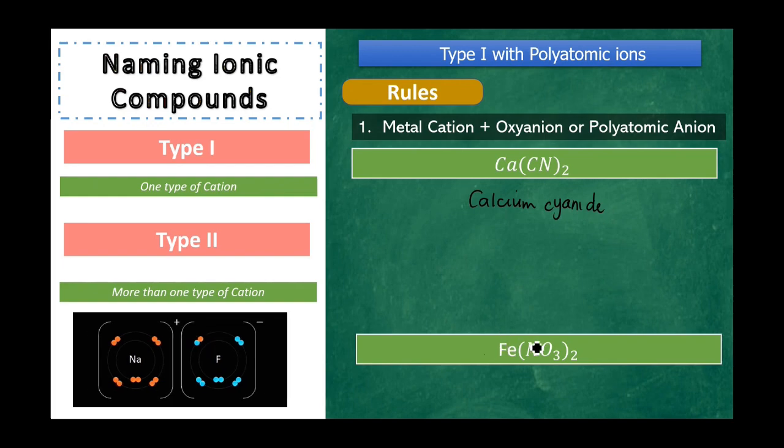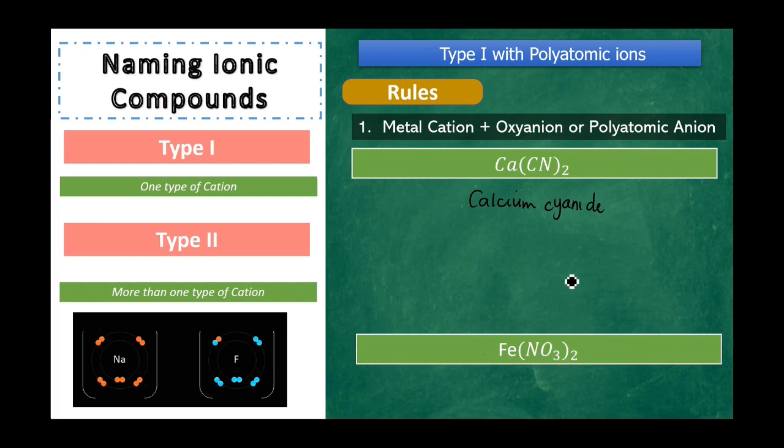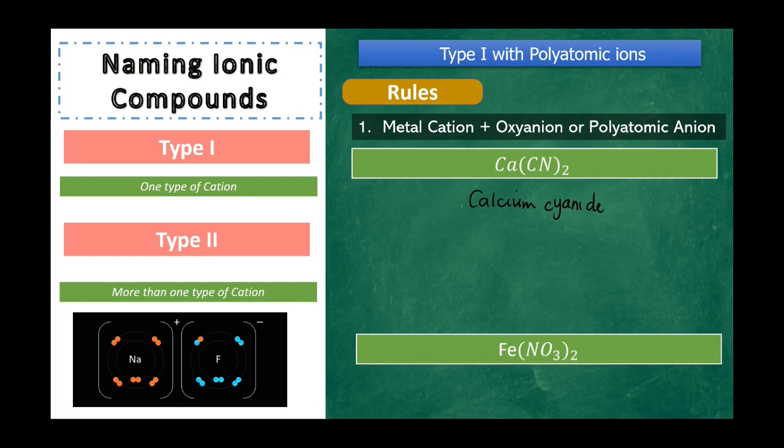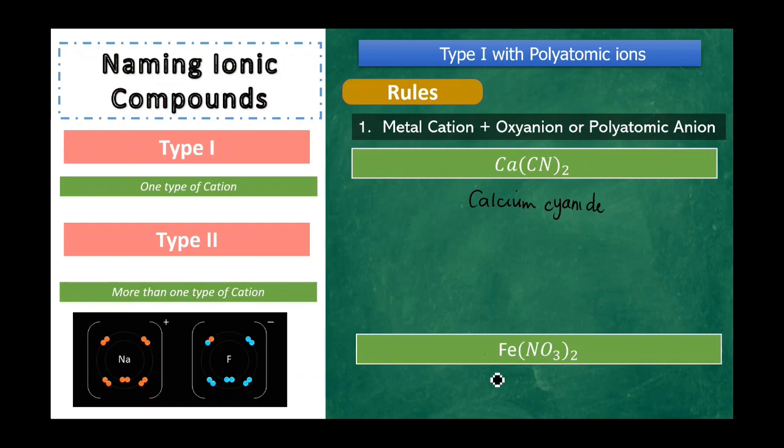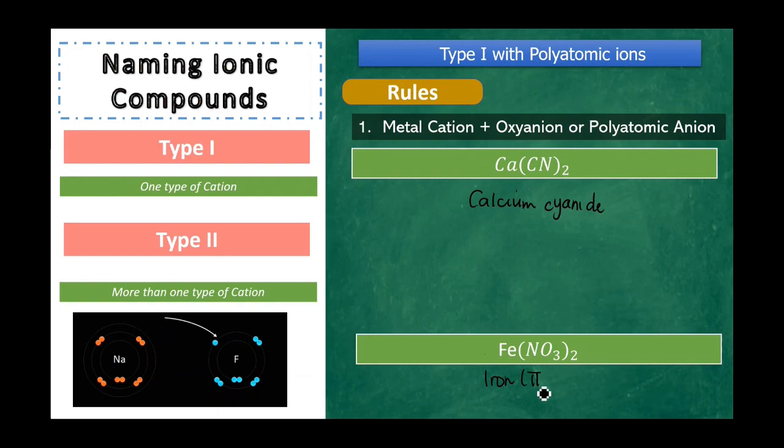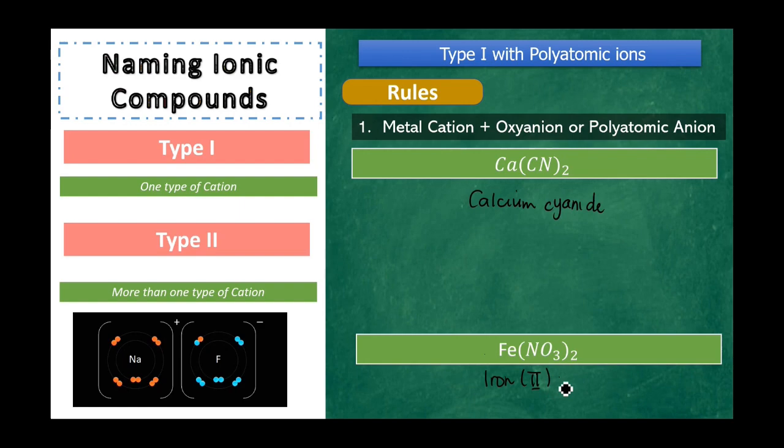For here we have iron and then NO3, meaning what is NO3? It is nitrate. So we have iron, the oxidation state, and then the nitrate.